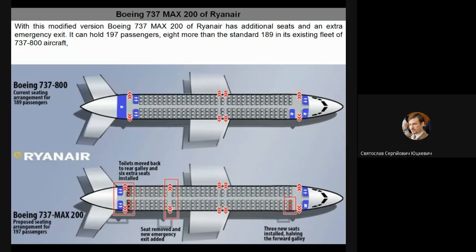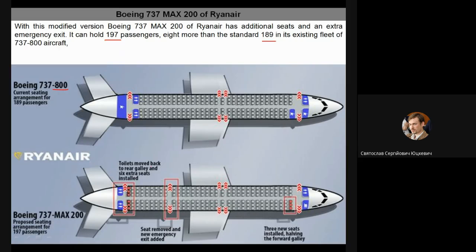What about reconfigurations and the necessity of appearance of additional doors? As example, on Boeing 737 MAX 200, it's a special configuration of 737-800 if we talk about the layout for Ryanair Airlines. And they ask Boeing to increase from the maximum capacity of 189 passengers up to the 197 passengers.